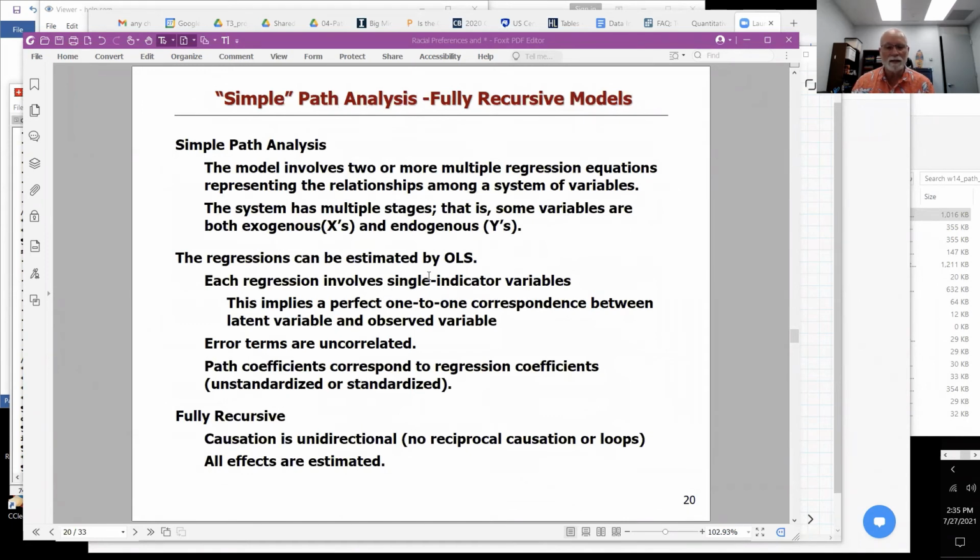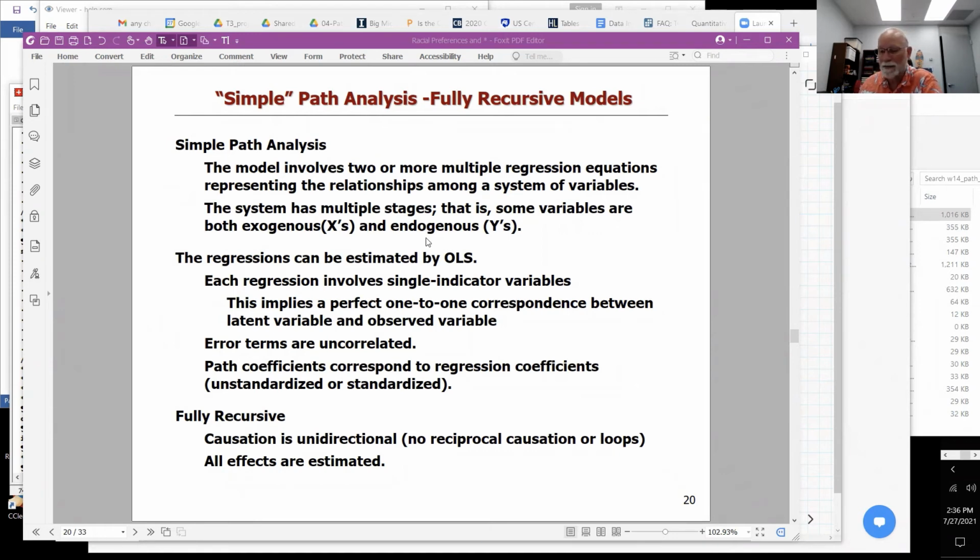Let's see. We're going to scoot really fast now because things are going to be made simpler. That's the full background. Path analysis takes a subset of things that are simpler, which means it's going to be easier to talk about things. The main thing about path analysis is that you're going to maintain this ability to think about X's and Y's in a complex set of equations, but you're going to be able to run the models primarily using ordinary least squares.